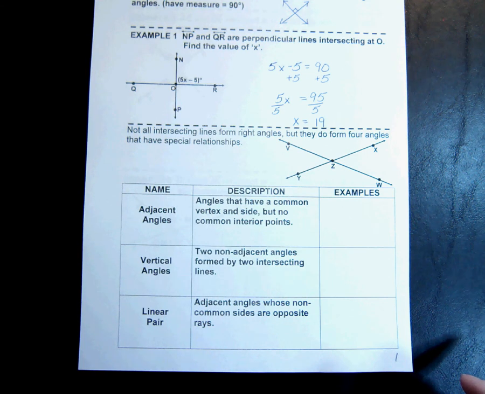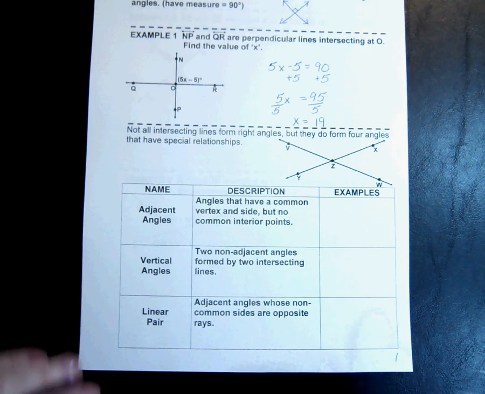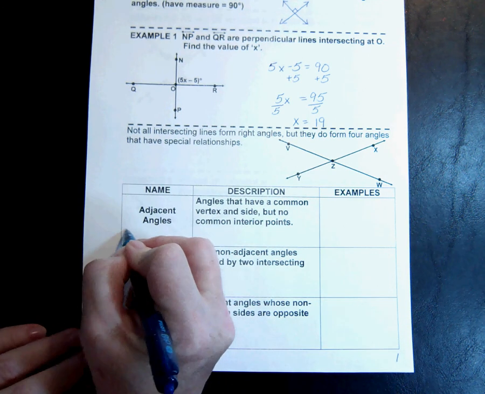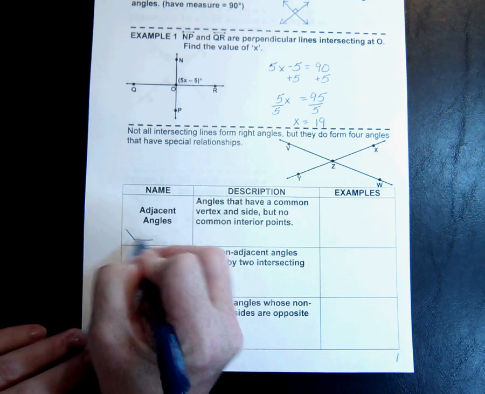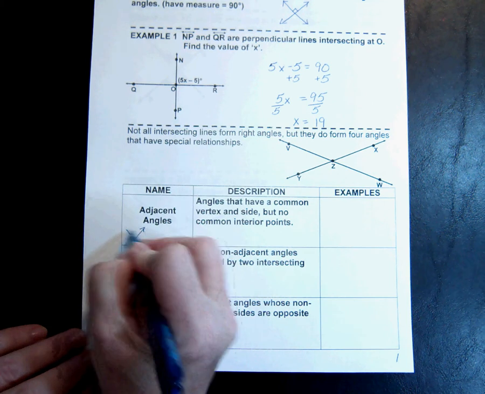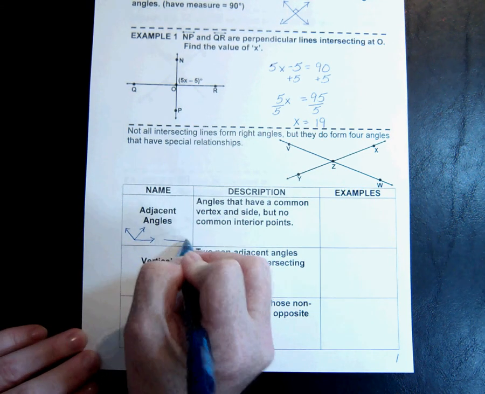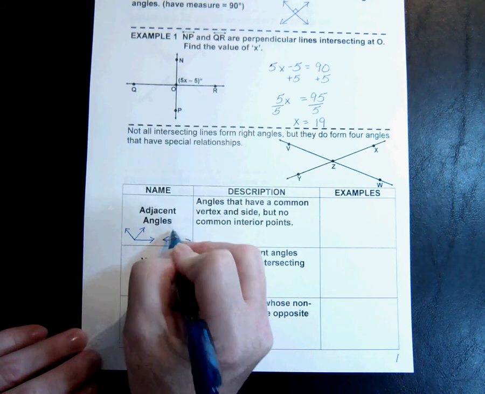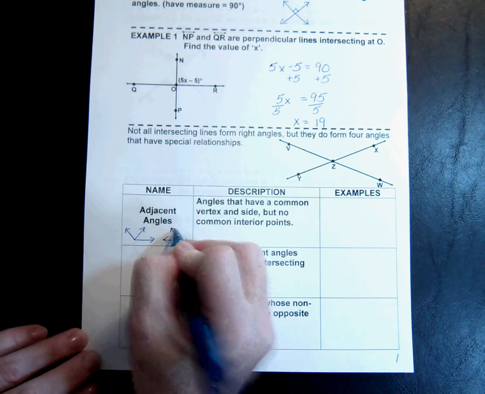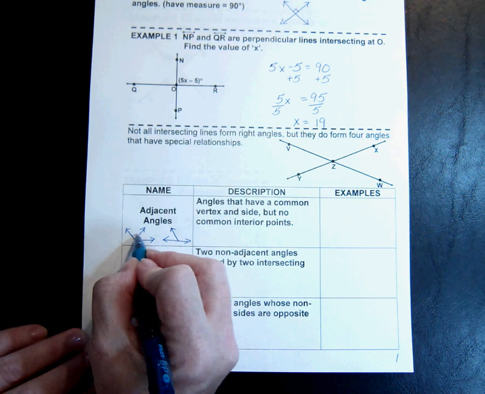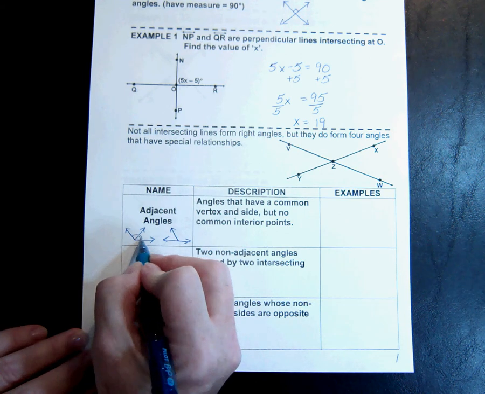So notice that this would have to be 2 angles that would be next to one another. Some examples could look like this. If I have an angle that doesn't form a linear pair, but I could have one that actually is formed by a ray separating a linear pair, then this is adjacent to this one.